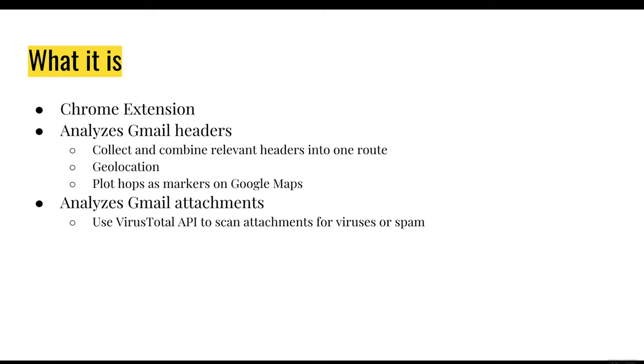To get the locations of the different hops, I use geolocation. There's an API for that I'll talk about in a second. And I plot the different hops as markers on Google Maps. So you'll see one marker for each hop, and then a line connecting all of them to trace a complete route.